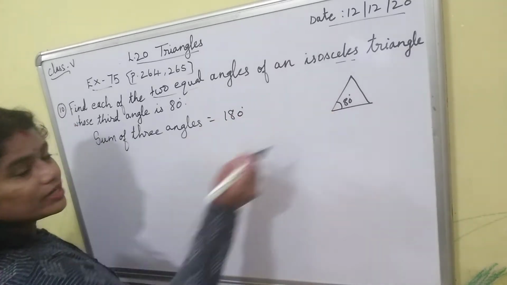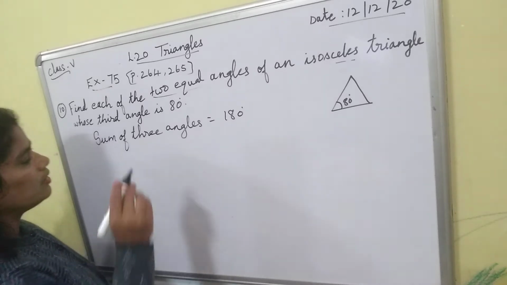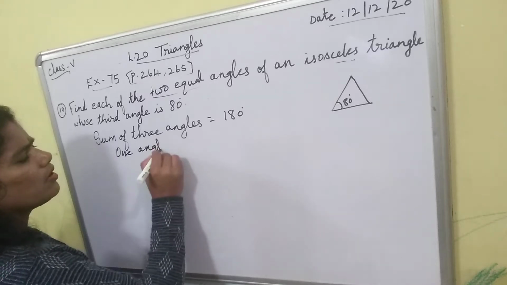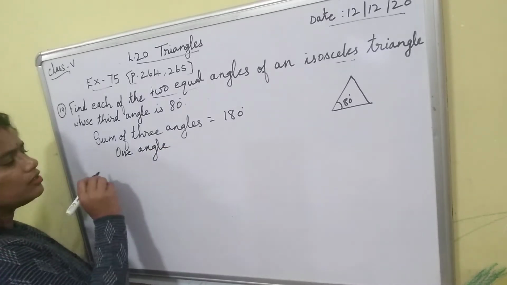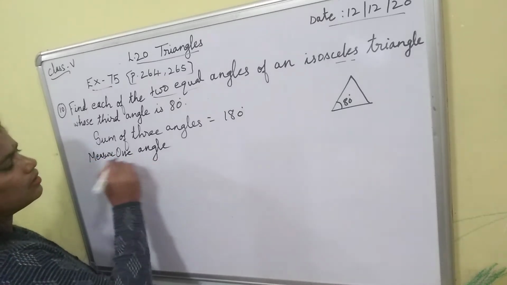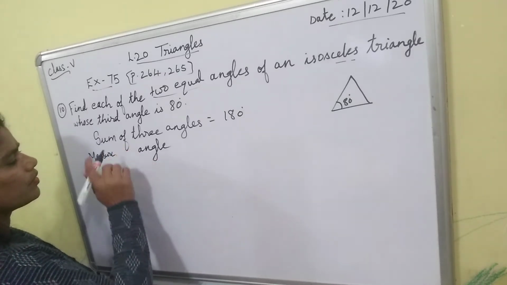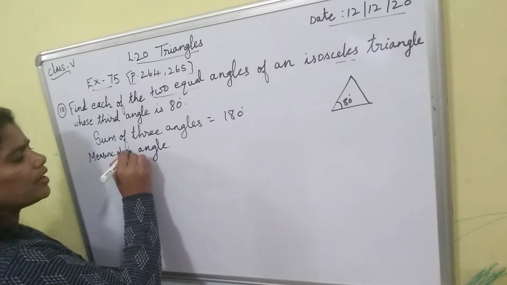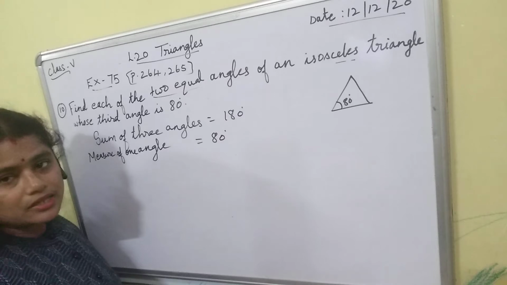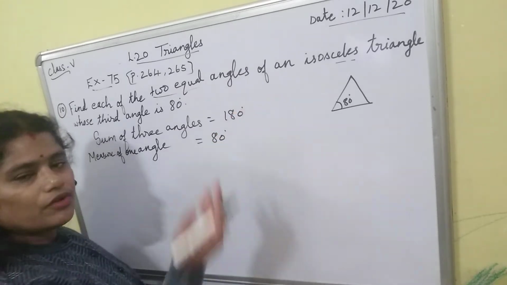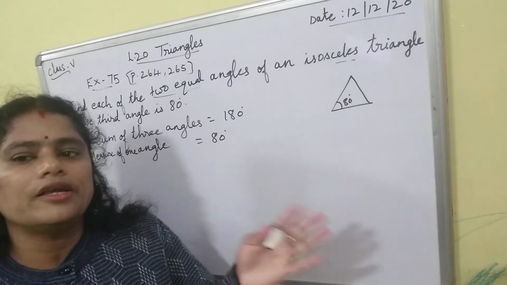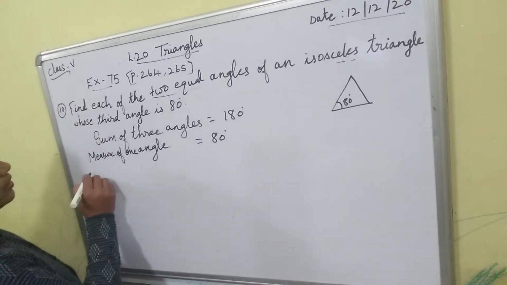We got one angle, the measure of one angle equal to 80 degrees. That is in the question. This also we know already. Then we have to find out the two angles of the isosceles triangle.